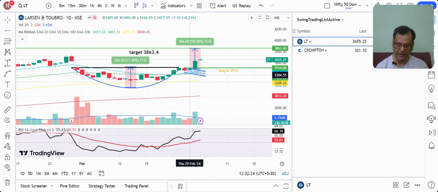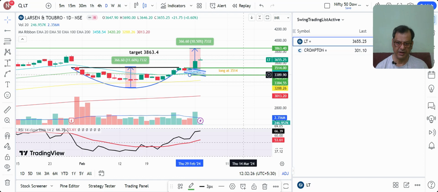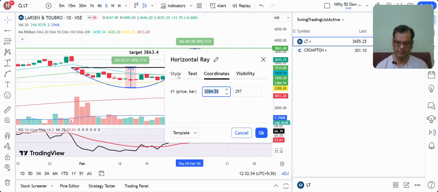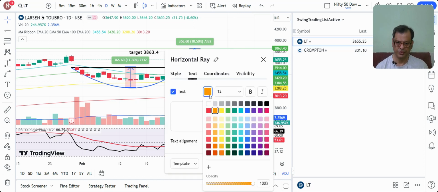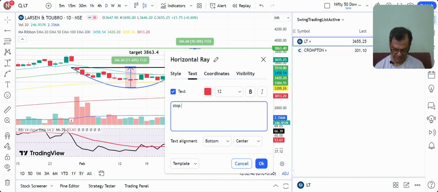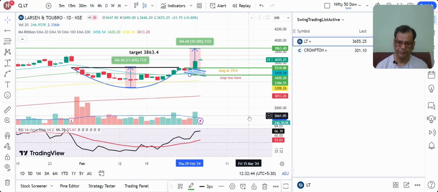Make this red, so you will be below the handle. We'll say stop loss. So your stop loss is going to be here.